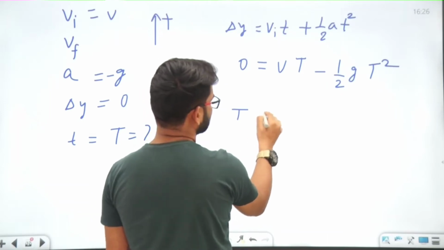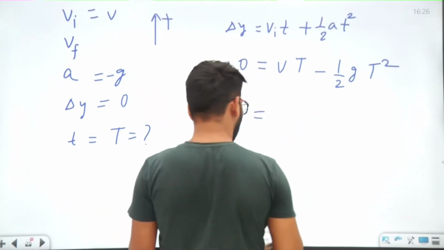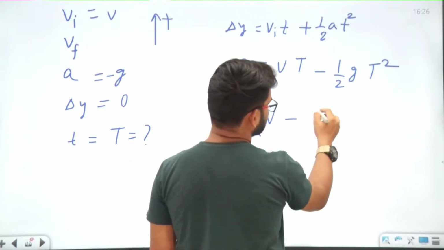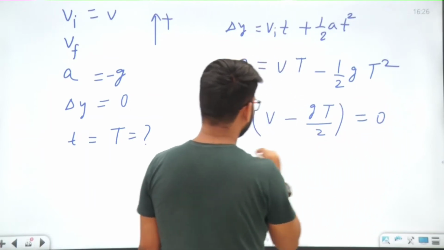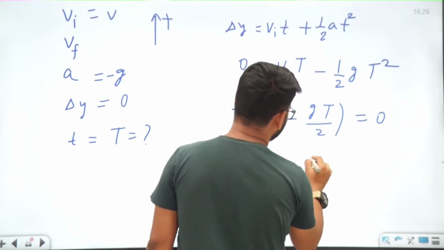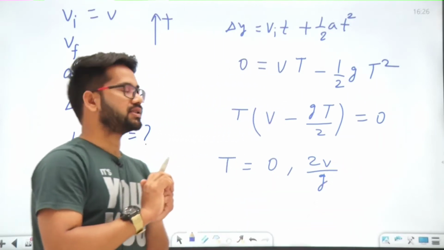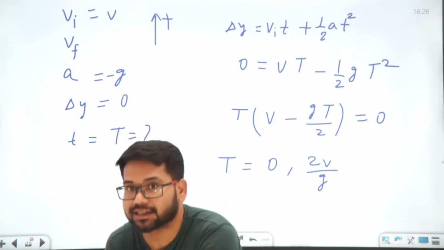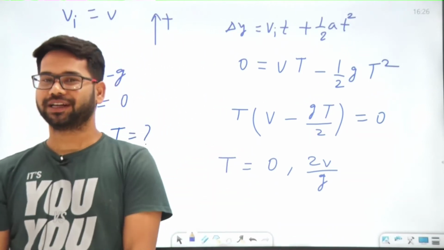Solving this, we can take t common, so it becomes t times (V minus g t over 2) equals 0. So we get either t equals 0 or t equals 2V over g. That means if you throw something upward, the time it takes to come back to the initial position is 2V over g.